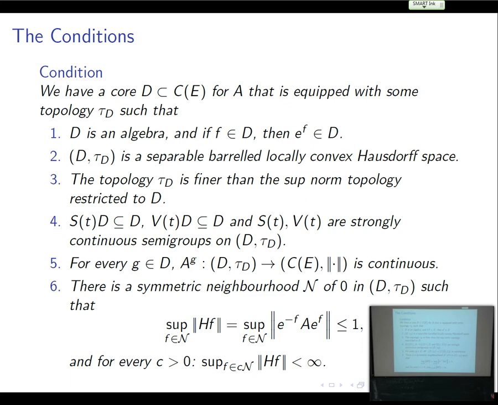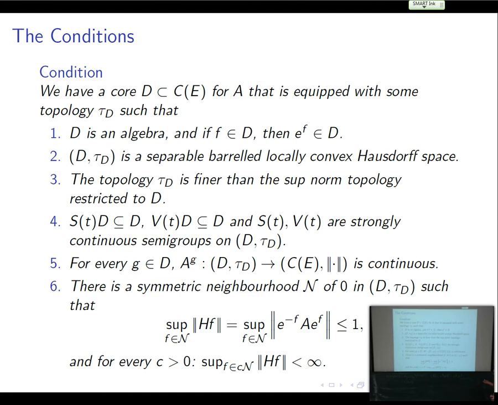So recall that I had these changed generators A_G, which were defined, maybe I should write it down. So I had A_G of F given by e to the power minus G, A, like this.